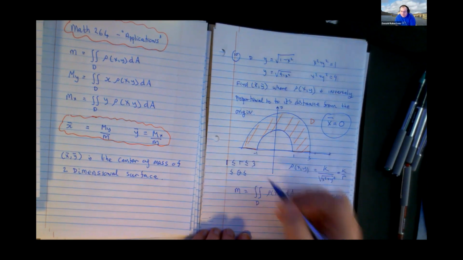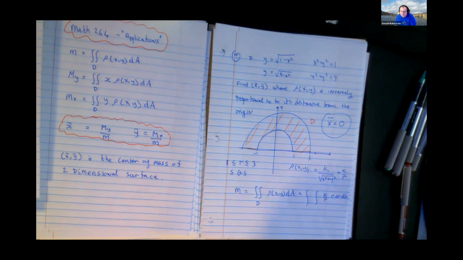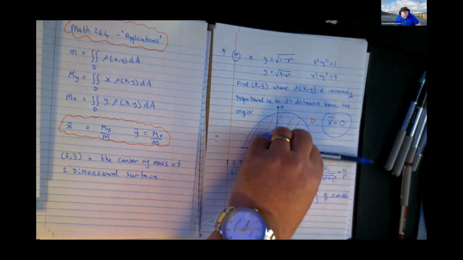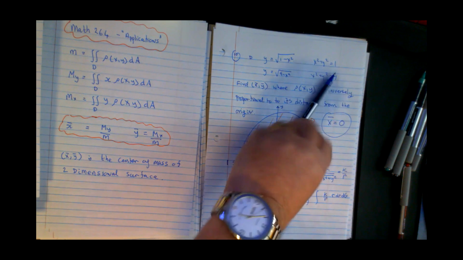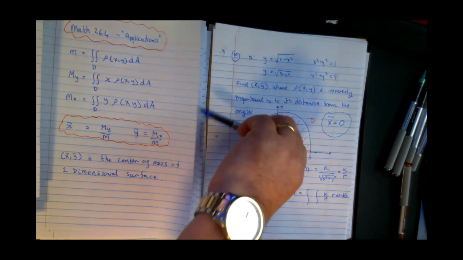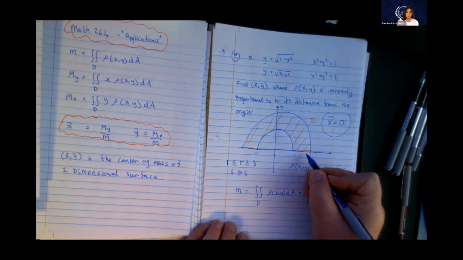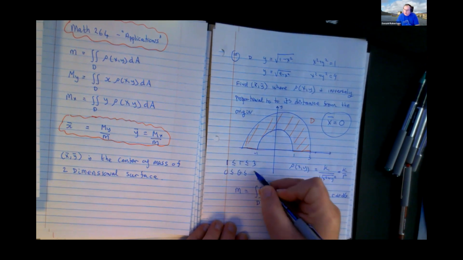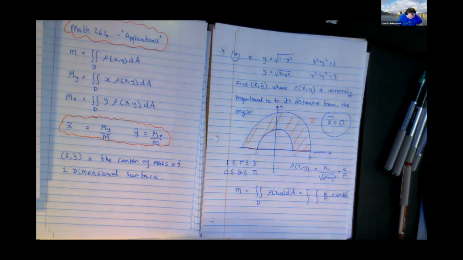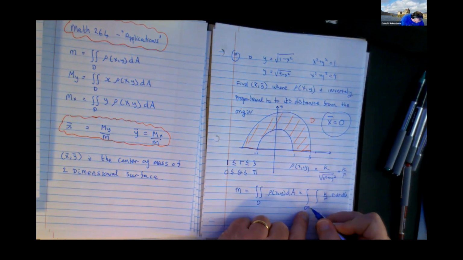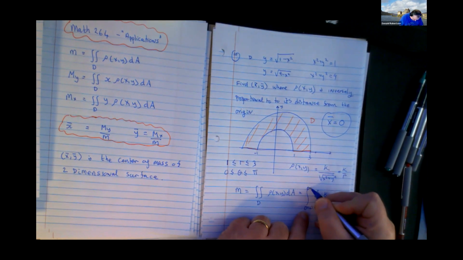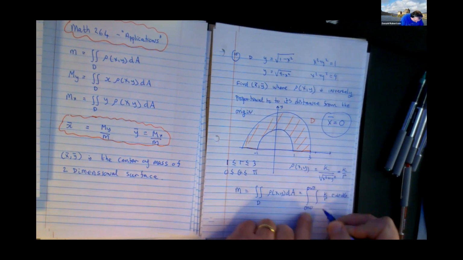What is the theta from what to what in this story? So imagine you're generating this shape and you're rotating it until you got to this shape. 0 to pi. Agreed, everybody? 0 to pi. So this is going to be from theta equals 0 to theta equals pi. This is going to be r equals 1 to r equals 3.